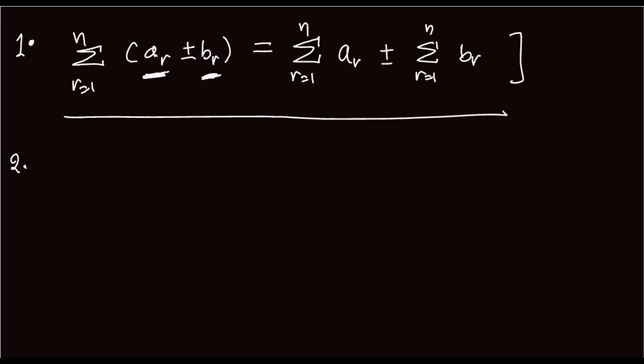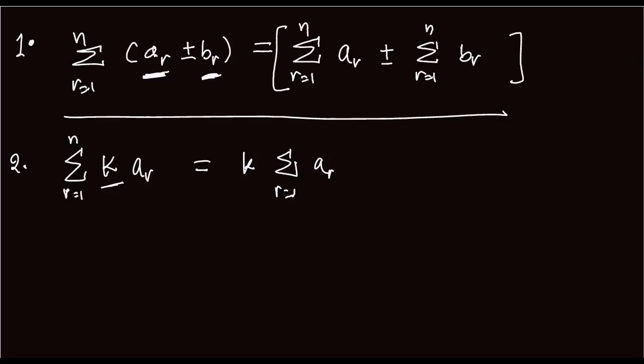Then you can always break it. Now if you have something constant inside a summation, let's say K AR, where K is a constant and R is from 1 to N, then K can be taken outside and AR can be summed from R equals 1 to N. So you can take the common factor out of the summation.